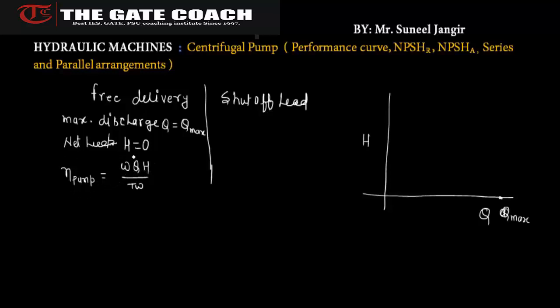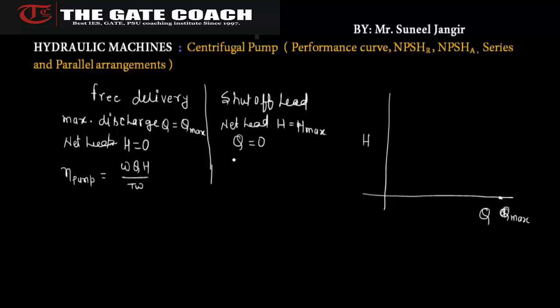Obviously, in this case when the net head is 0, the pump is not doing any useful work, so here the efficiency is 0. Now, what is shut off head? Shut off head is the case where the net head H is maximum, and obviously the discharge is going to be 0.